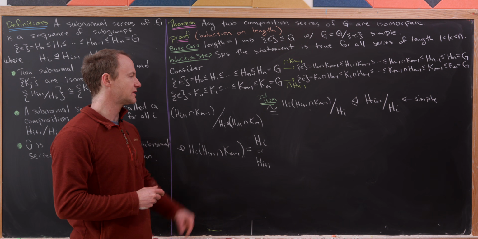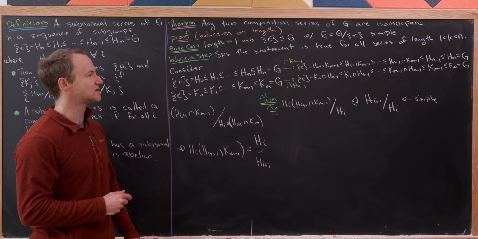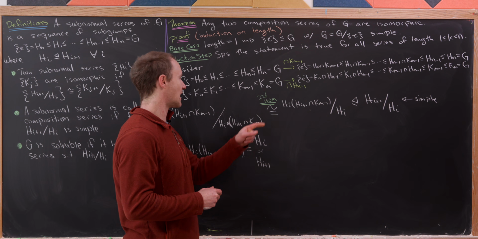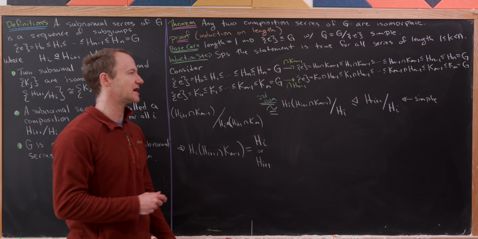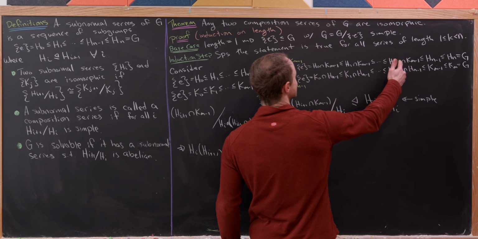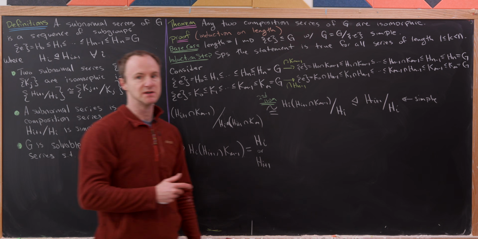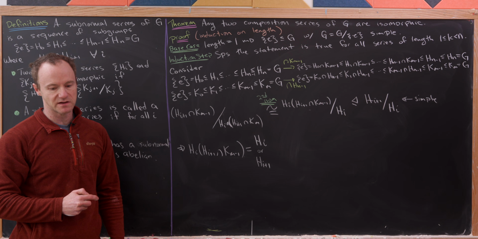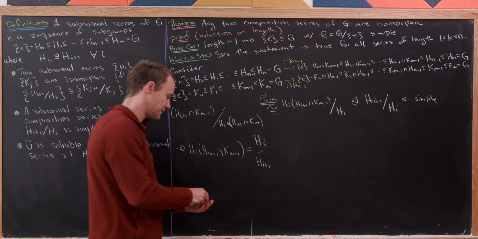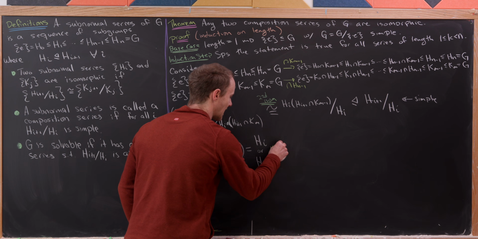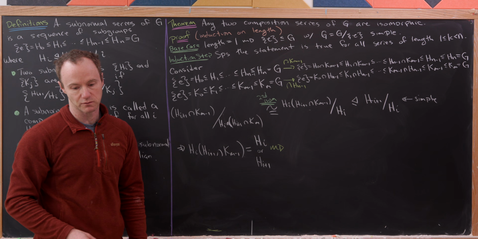But if one of these is equal to this Hi, then that means, well, we could have gone to our subnormal series right here and notice that we've got repeats in here in the middle. So since we've got repeats in there in the middle, we can remove them. So let's say that this squiggly arrow is the removing of those repeats.